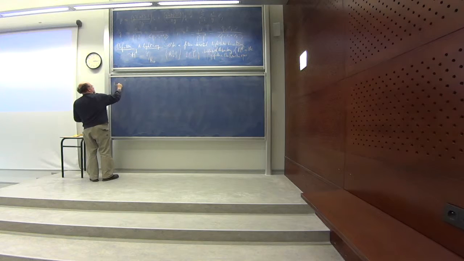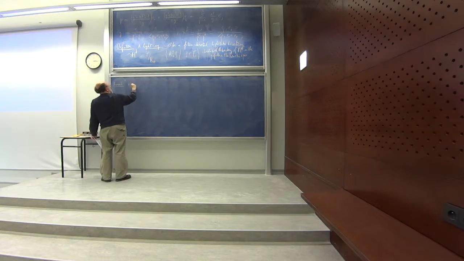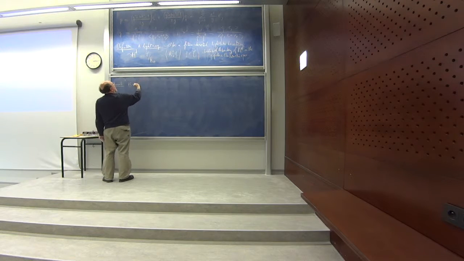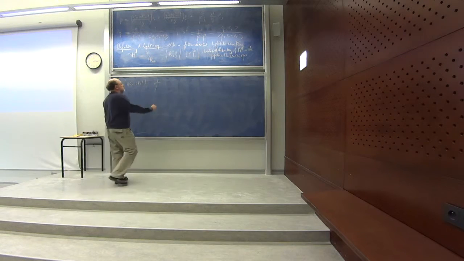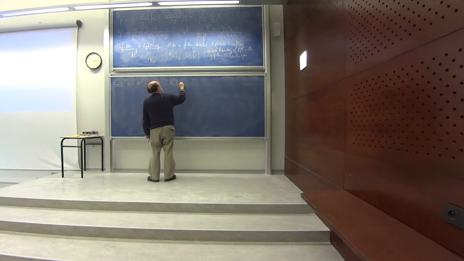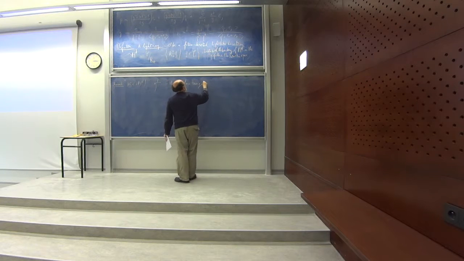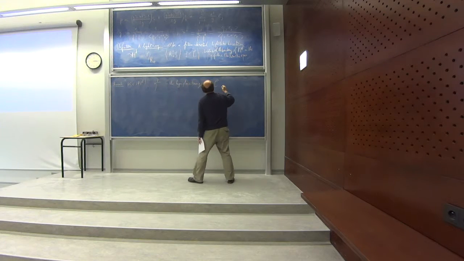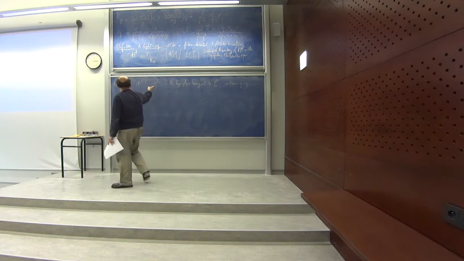Just a little remark. For any eta in this boundary, the orthogonal of eta is the hyperplane tangent to the light cone and containing eta itself, since eta is light-like.